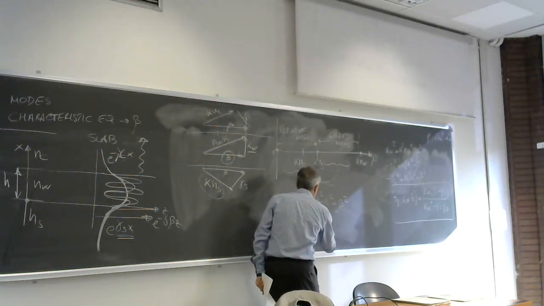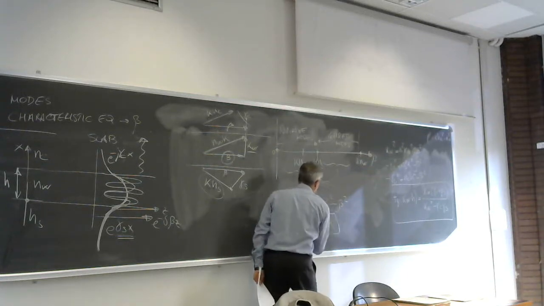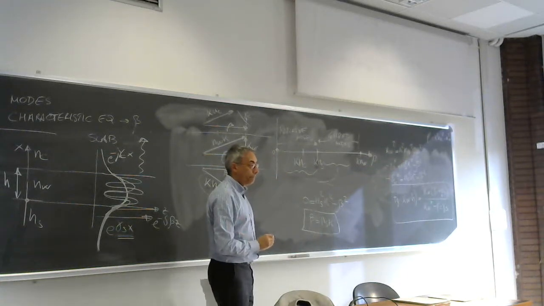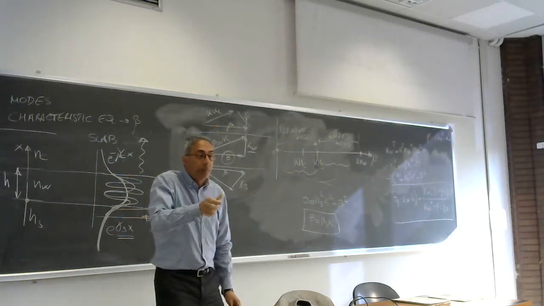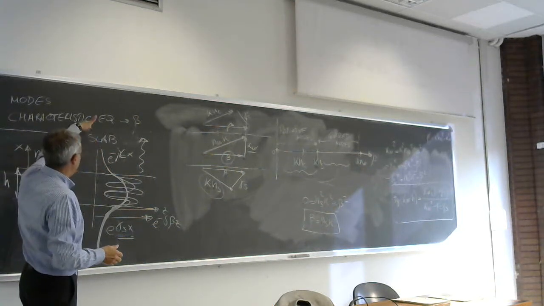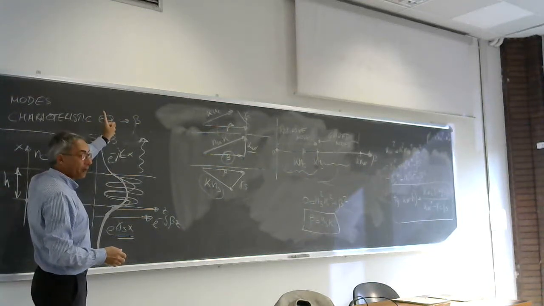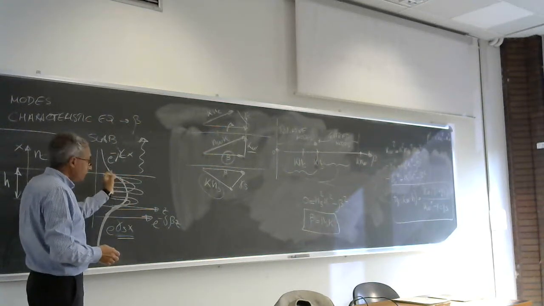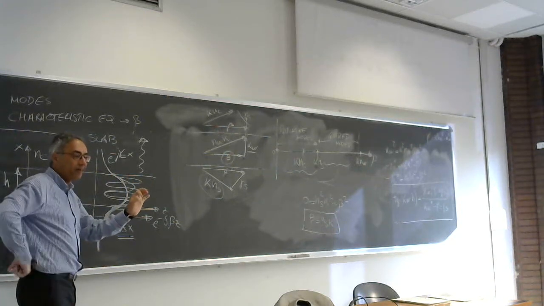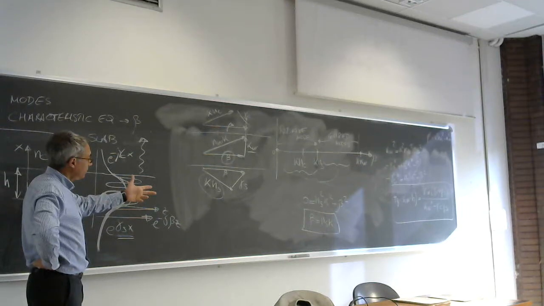So when beta is equal to n_s k, this is the transition point. The field is no more an exponential decay, but is a wave that starts to propagate. Exactly at the point, you have a 0.